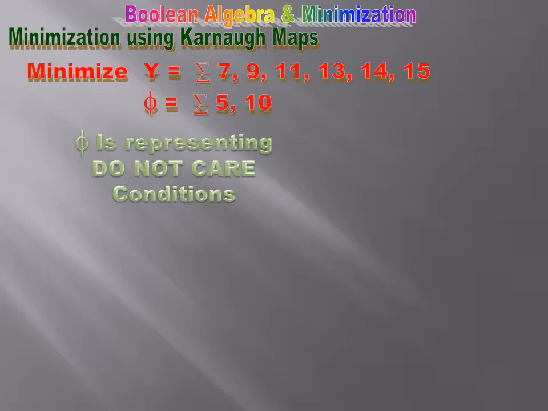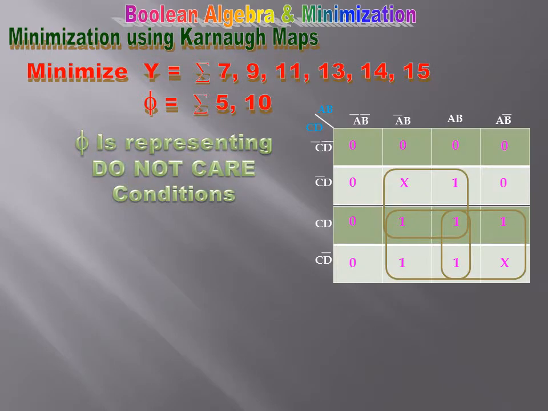Now let's take the examples having expressions with do not care conditions also. So 7, 9, 11, 13, 14, 15 are the terms, and now we have 5 and 10 as don't care conditions.